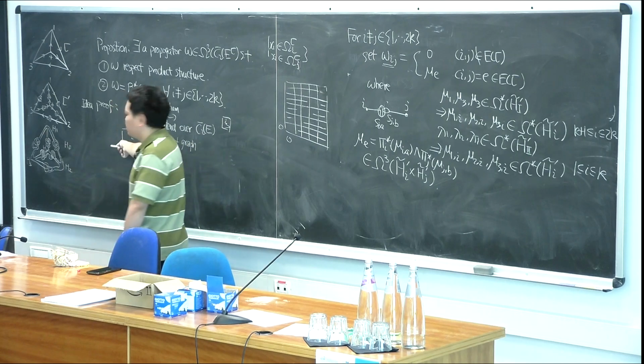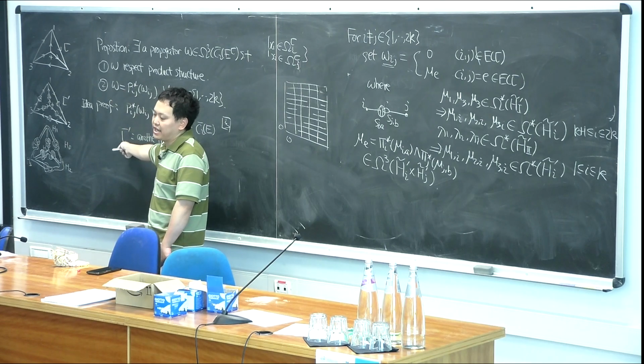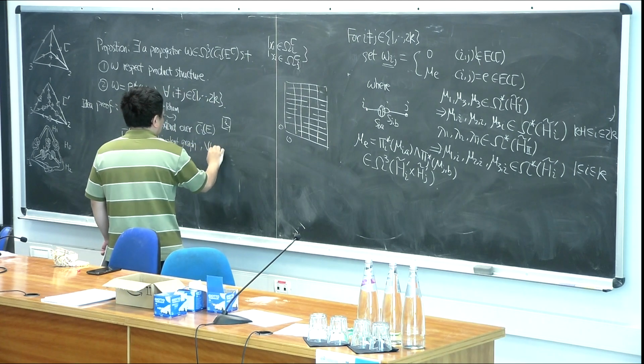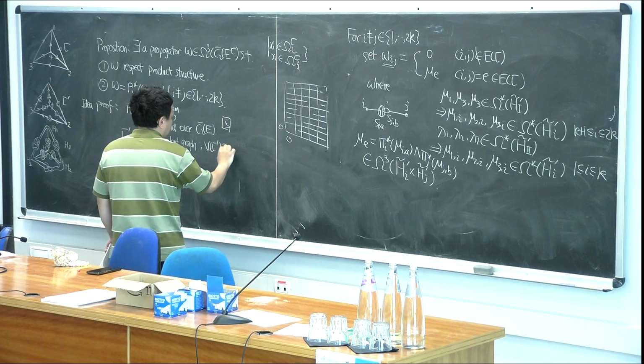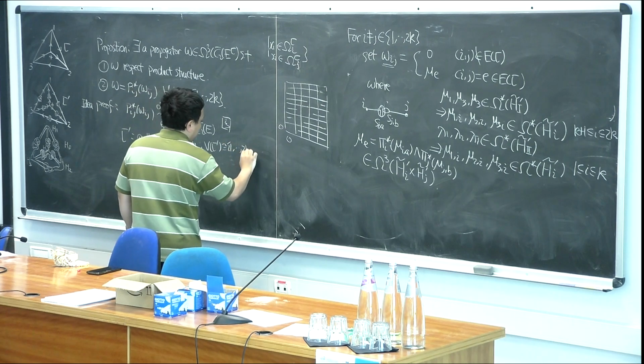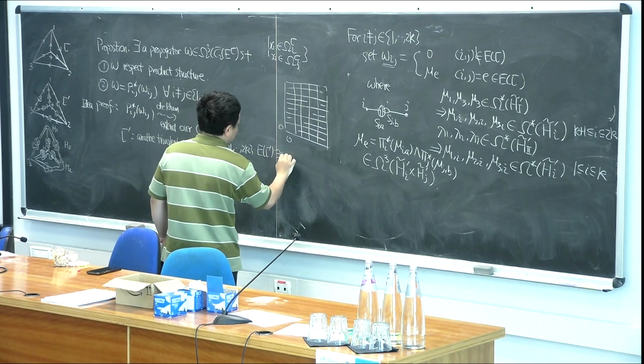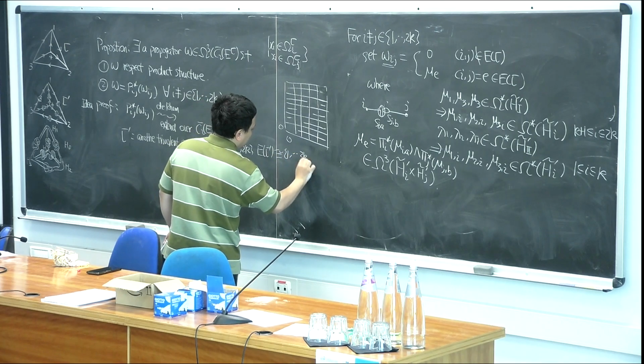Again, we assume it has no self-loop, no multiple edges, and no orientation reversing isomorphisms, just like gamma. We'll identify its vertices with 1 to 2k, and then identify its edges with 1 to 3k.